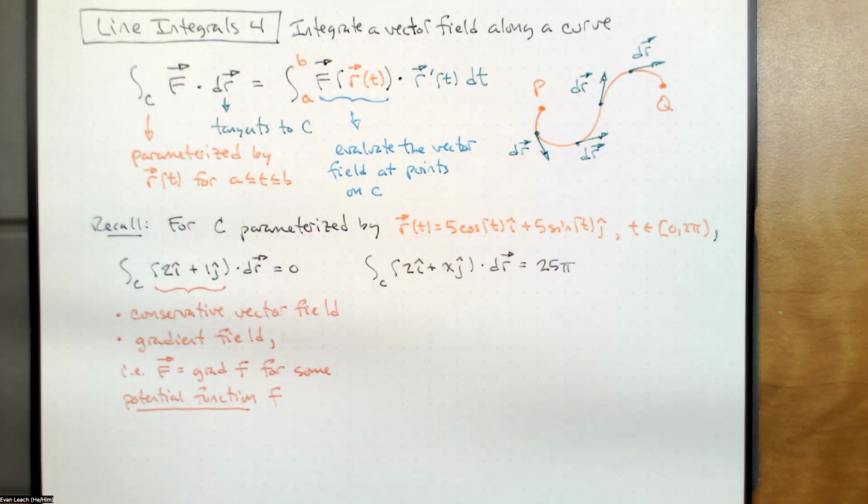So 2i plus 1j is a gradient field for some potential function. There's some scalar function f of x, y, and this is the gradient of that function.